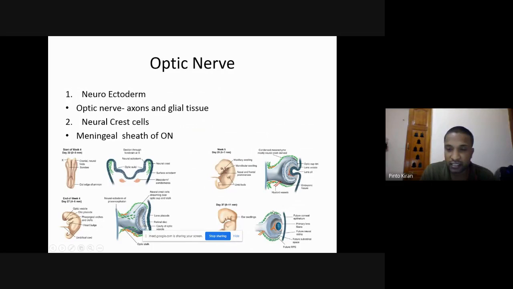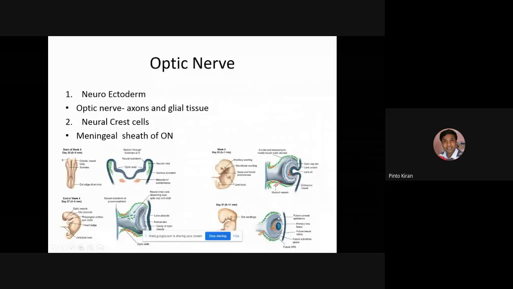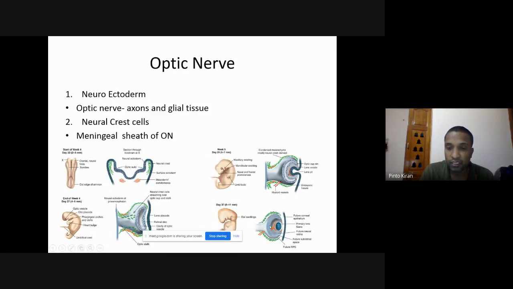This neural crest cells give rise to the meningeal sheath of the optic nerve. The neurosensory retina and the retinal pigmented epithelial cells arise from the neuroectoderm.